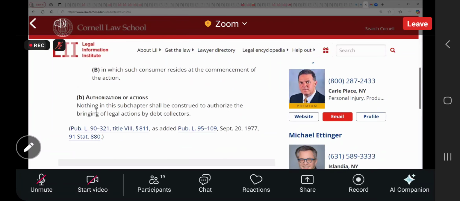B. Nothing in this chapter shall be construed to authorize the bringing of any legal action by debt collectors. Do you guys see this? These people are taking you to court illegally. These debt collectors are filing foreclosures on us illegally.